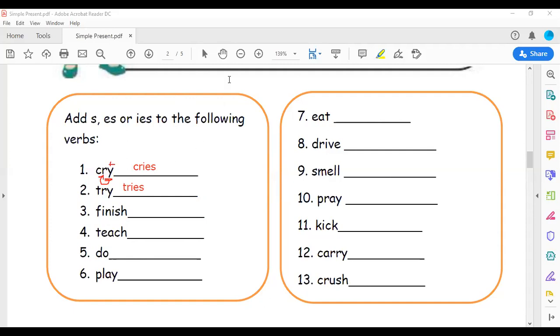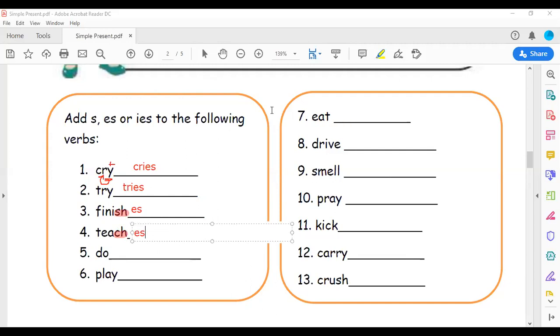Okay, let's see this. Finish. What do I have at the end? I have sh. Okay, so what do I do? I add es. So I'm gonna just only add es. Done. Finishes. Teach. What do I have? I have ch. So what do I do? I add es.